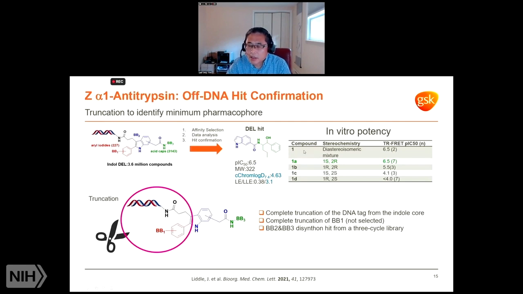And after resolve the stereochemistry, it shows that 1s, 2s, 2r diastereomers is the most potent binder here.